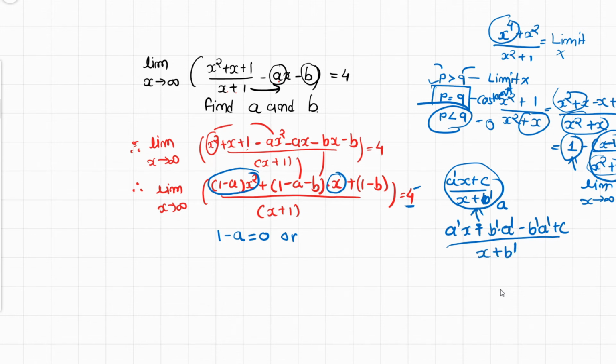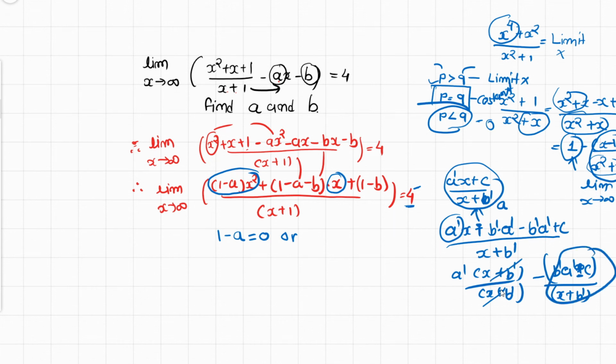So here we can take a dash common, x plus b dash, and then minus common for the remaining part, over x plus b dash. So we can eliminate this one, and the limit x tends to infinity for this will become 0, and here we will get answer a dash.